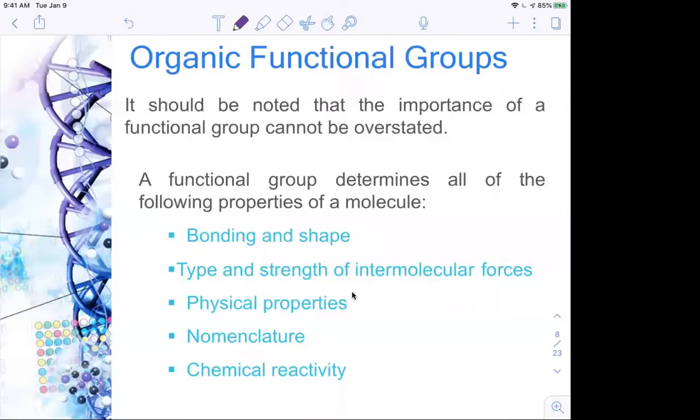That in turn is going to determine the physical properties of that molecule. Organic compounds are named, nomenclature, according to the type of functional group that's present. And most importantly, the chemical reactivity of a molecule is going to be decidedly determined by what organic functional groups are present.